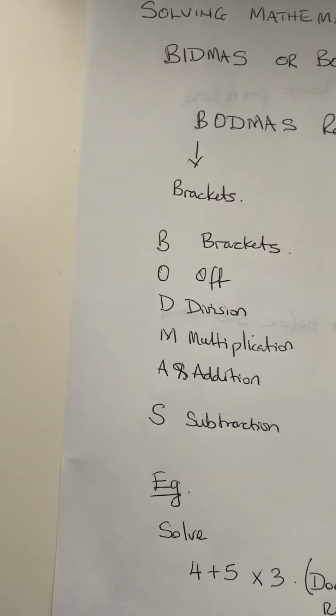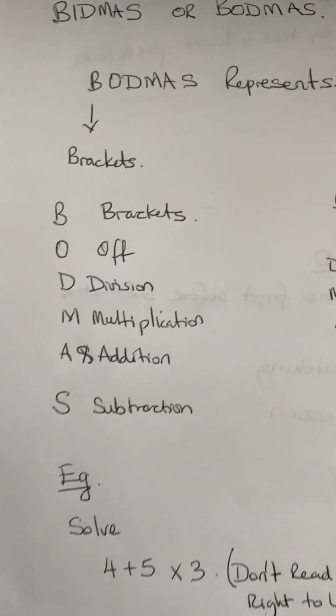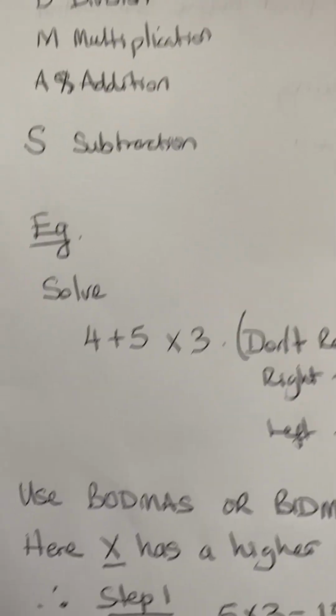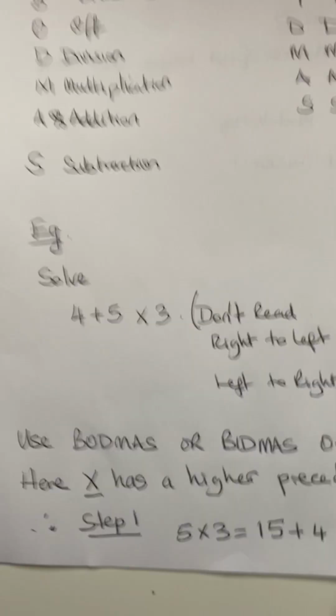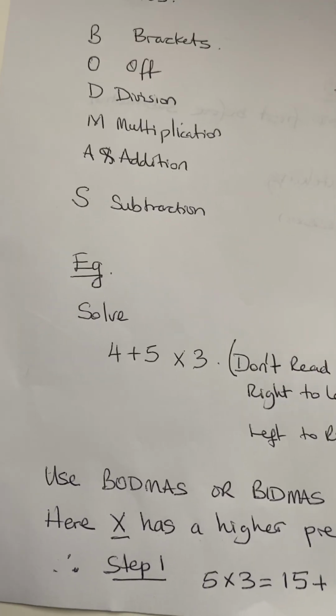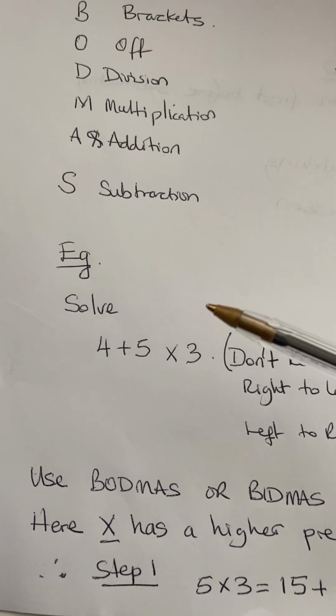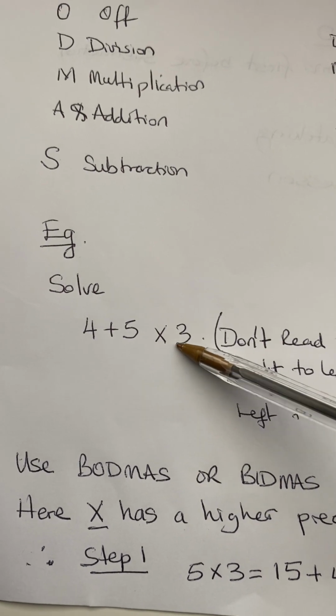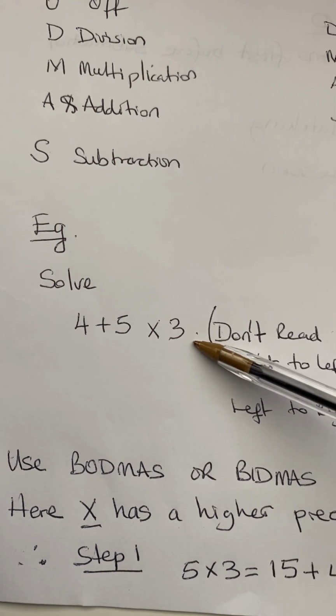Now, another thing, I would like to solve a few equations with you today. So the first thing I'd like to solve with you is 4 plus 5 times 3.